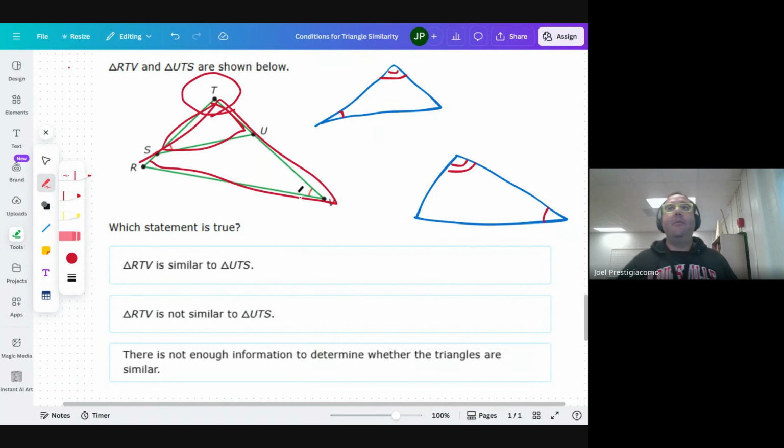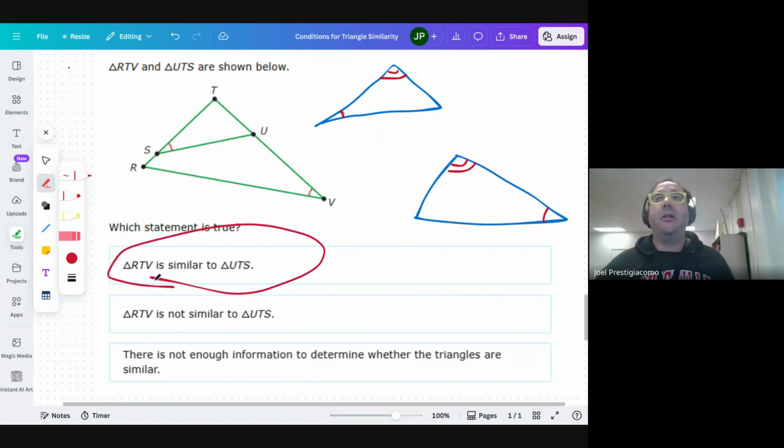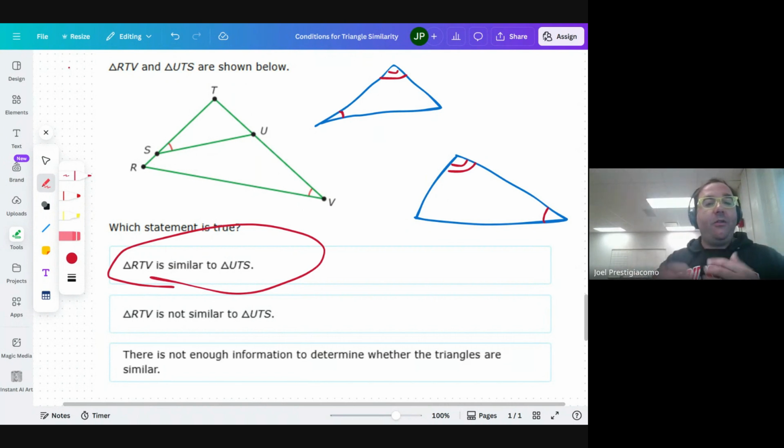Because it's in the same triangle, we can say, by the reflexive property, that it is congruent. So we know that those angles are going to be the same. So I know two angles, I know two angles. These are similar. The third angle must be equal if I know that two other ones are. So even though it looks like they're not giving us enough information, because they compose the triangles together, they have a shared angle, and that is the piece that we're missing.